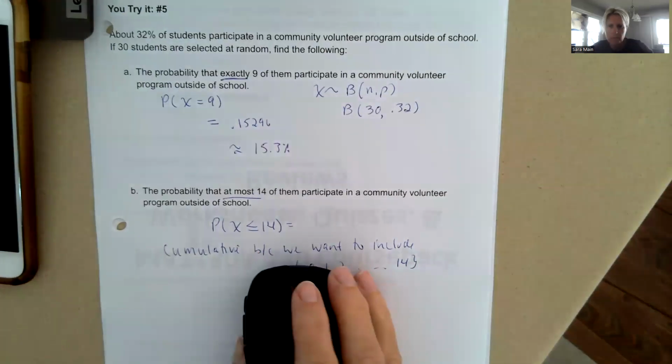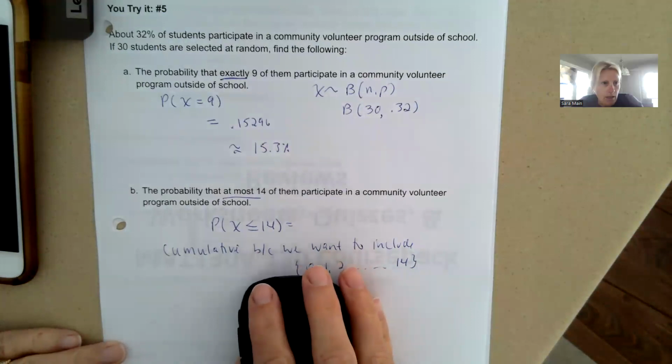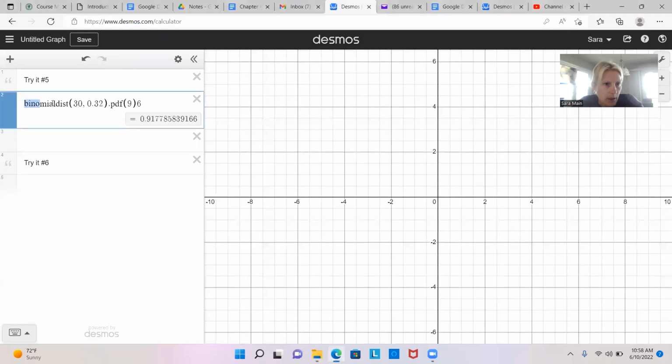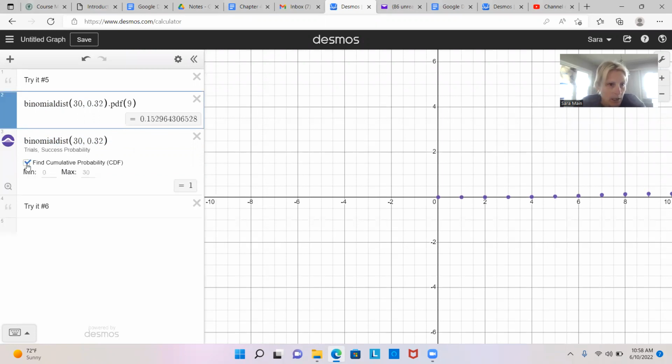So let's go back to Desmos so we can see how that's going to look. And so I'm going to copy this. And I'm just doing the basic one because I want to do the cumulative. The PDF is the one you use when you want to find an exact value. So I'm going to click on the cumulative and I want to go from 0 up to and through 14.